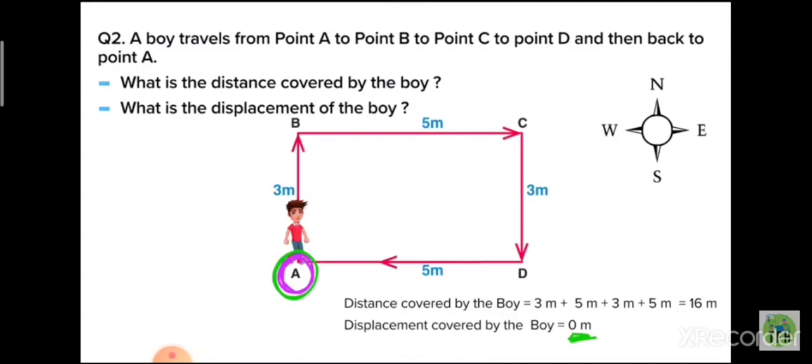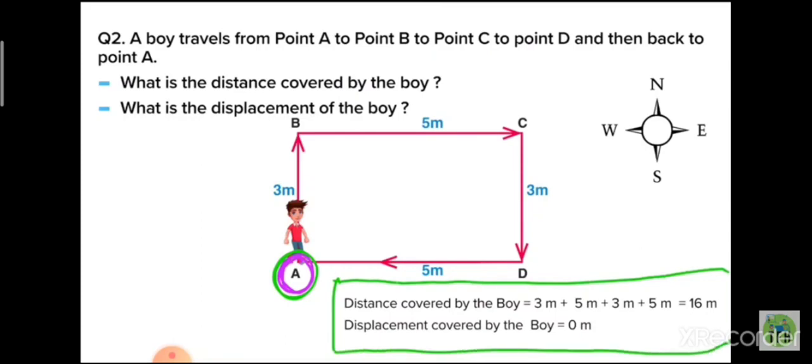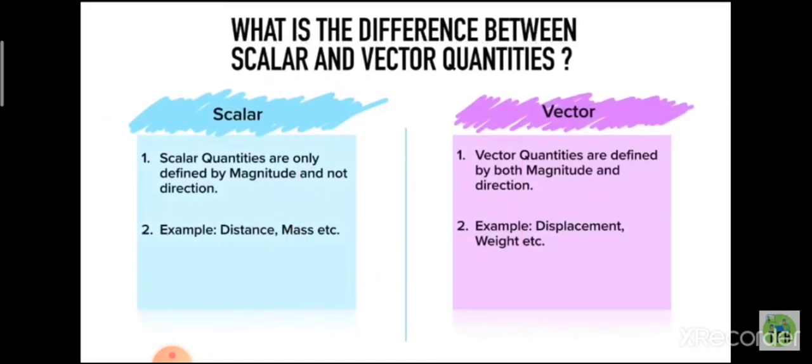If your answer is 0, you don't have to write the direction. So this is how you find the distance and displacement. Because here you can see in this question, the boy goes from A to B, B to C, C to D, and again from D he comes back to A. So your answer will be 0.